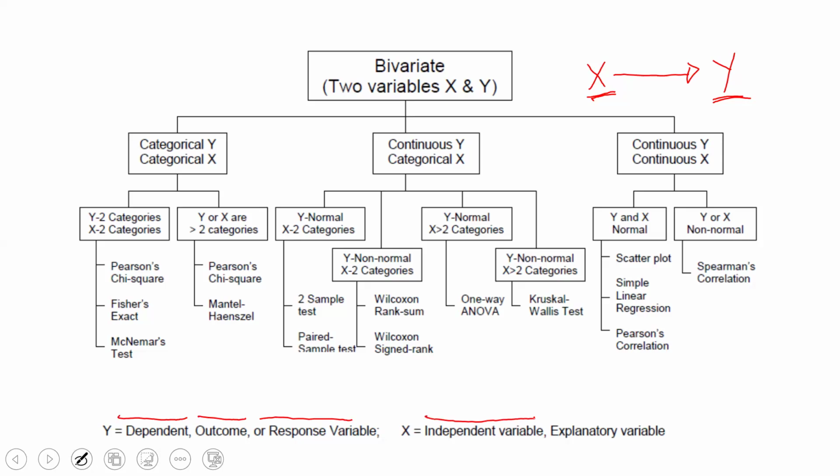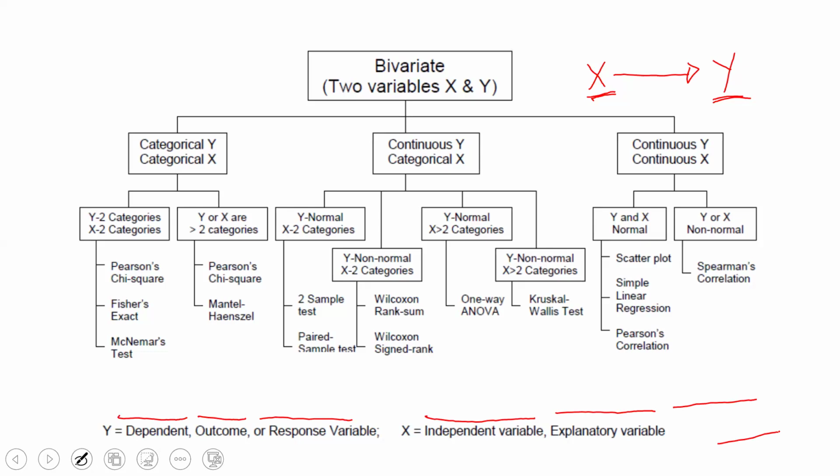Our X is independent or explanatory or manipulated or treatment variable. They have many synonyms, but you can just hold on with independent and dependent. I think that's easier. So when we have two variables, and these variables are going to be in your research question, you must be able to identify the kind of variables you are talking about from a sample research question.